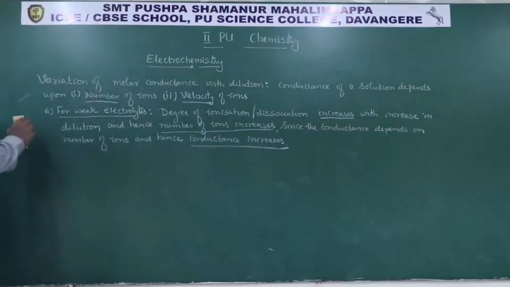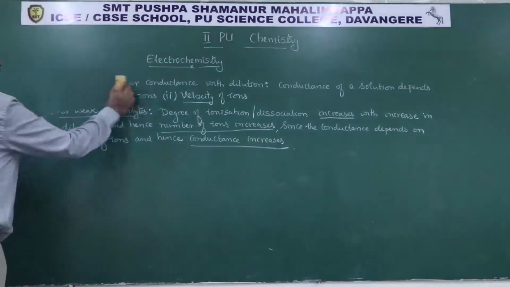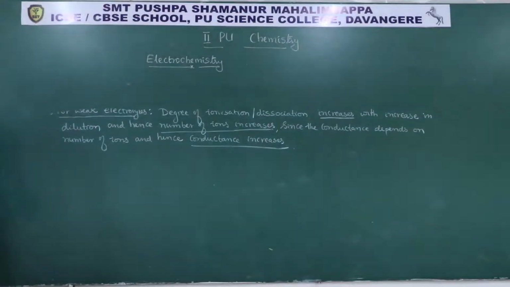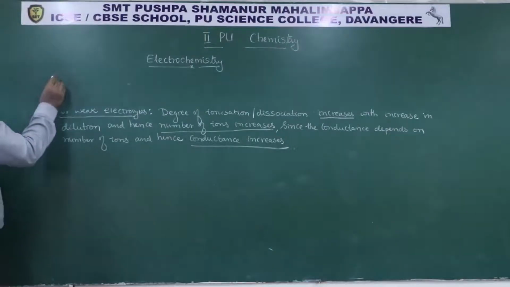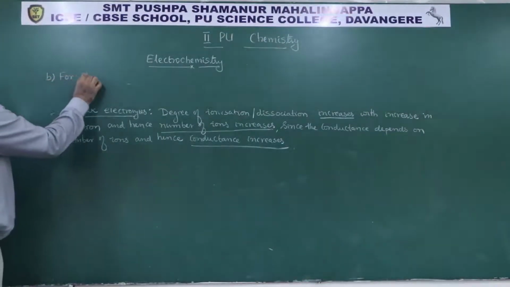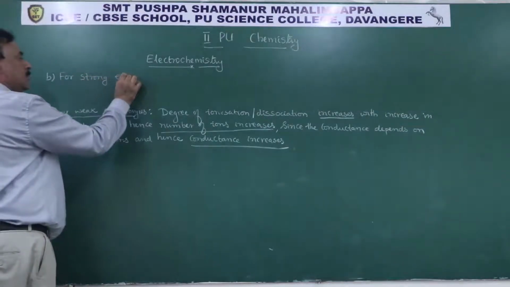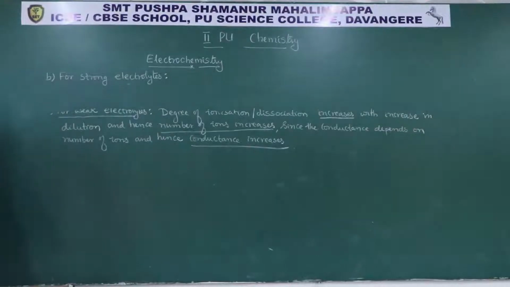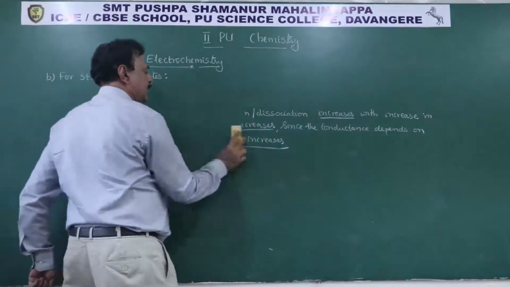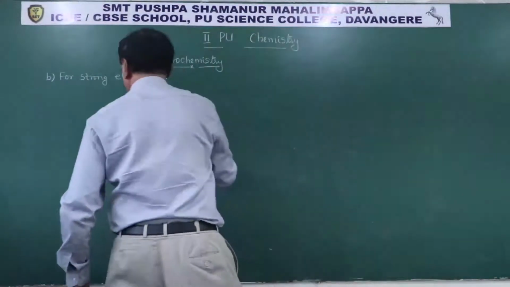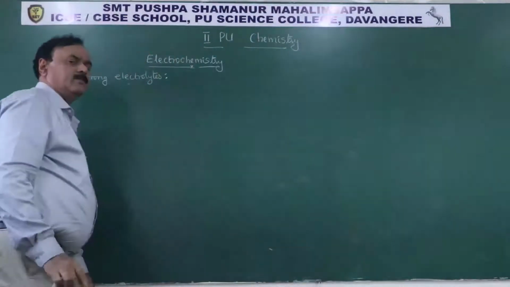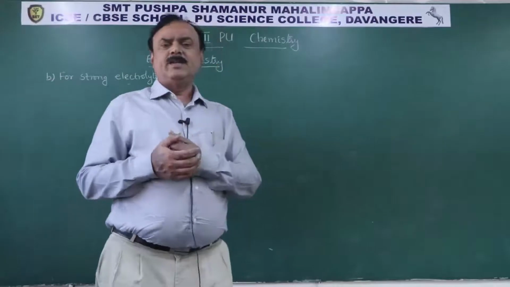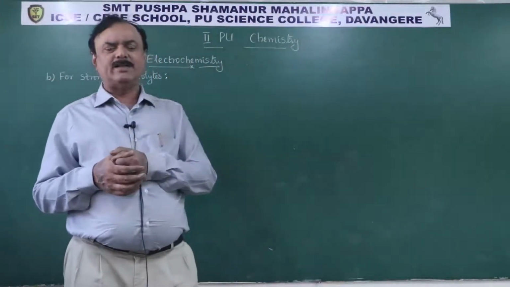In case of strong electrolytes, even at higher concentration of the solution, we have a sufficient number of ions, and hence a definite conductance, because even in concentrated condition the strong electrolyte contains a good quantity of ions.